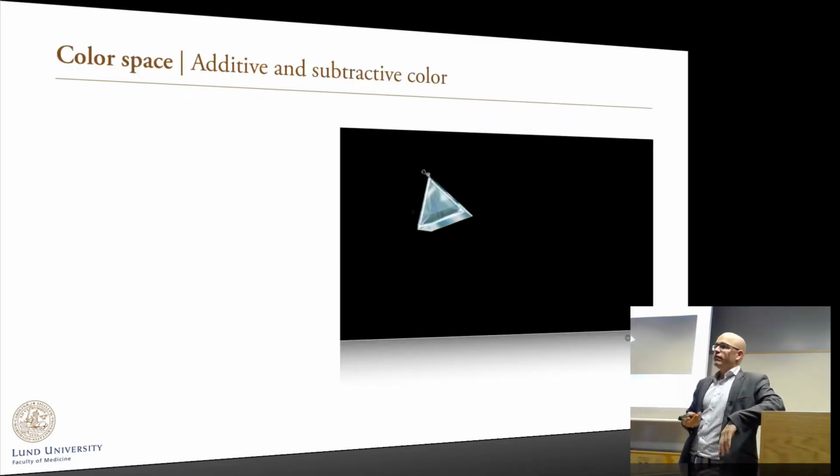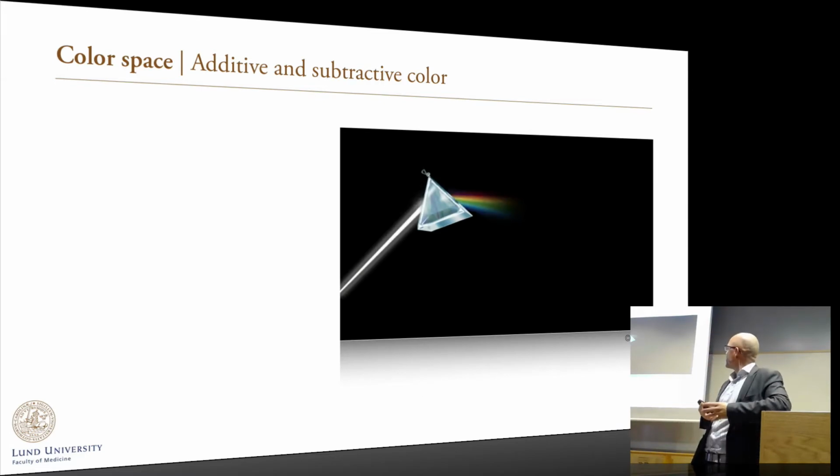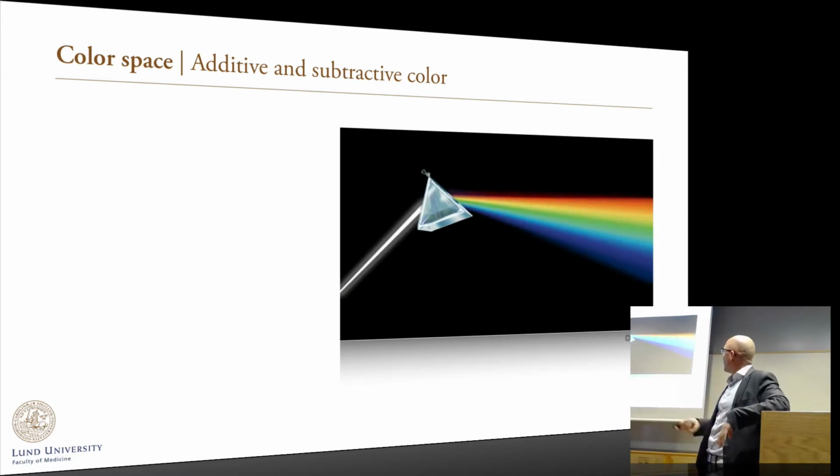The other thing that you have to think about is how do we represent color and what is actually color? So when we see a white light, as you all know, white light is this composite of the whole spectra in the rainbow that we see. And this prism here can, of course, be a raindrop, and that's why we see a rainbow, but also in this case, it's a glass prism.